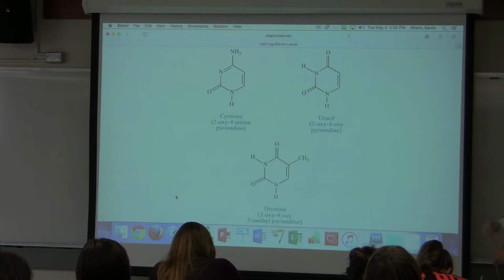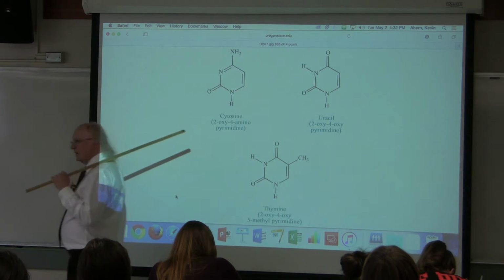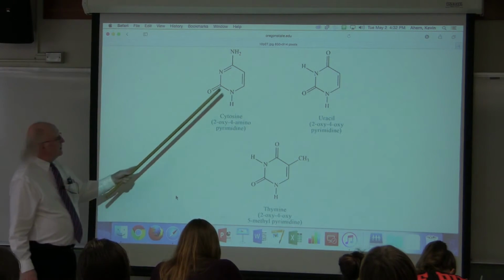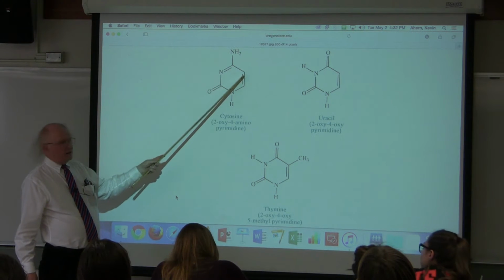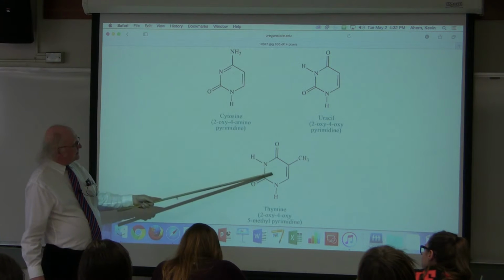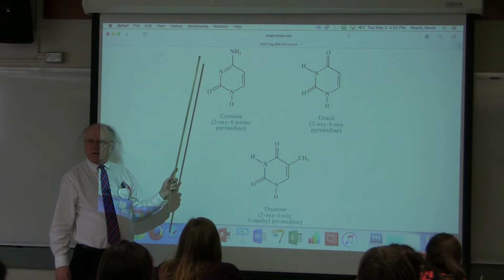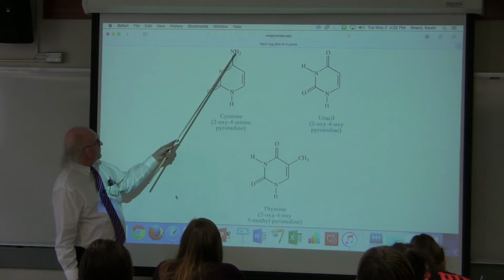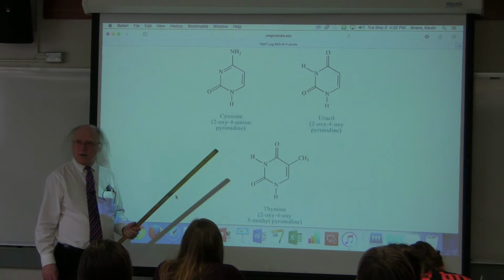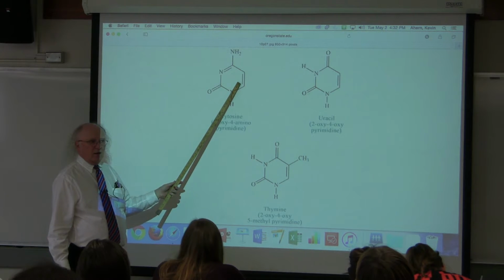If I methylate cytosine, you'll notice that this is what happens in eukaryotic cells. If I methylate cytosine, this guy looks like this except for that part, right? In other words, methylcytosine is just like this except for a difference there, right? Why do I care about that?